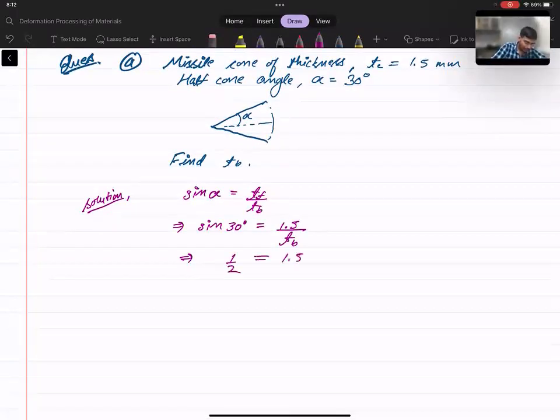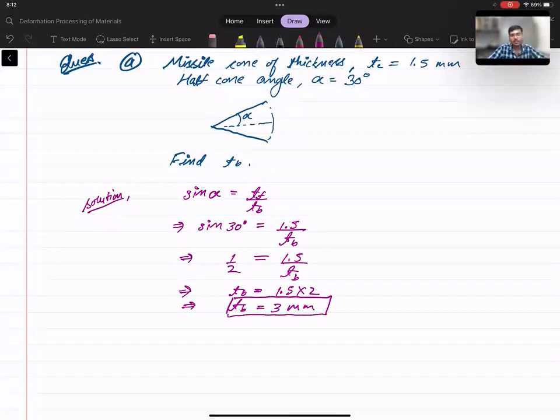So 1 by 2 equals 1.5 over TB, and this becomes TB as 1.5 into 2, which gives us TB as 3 mm. In this way, we have determined the thickness of blank required to form a missile cone of thickness 1.5 mm by bending process.